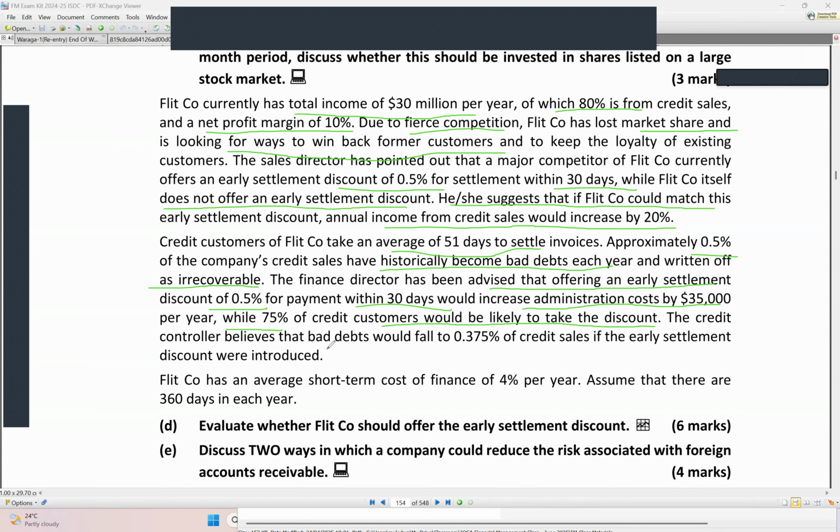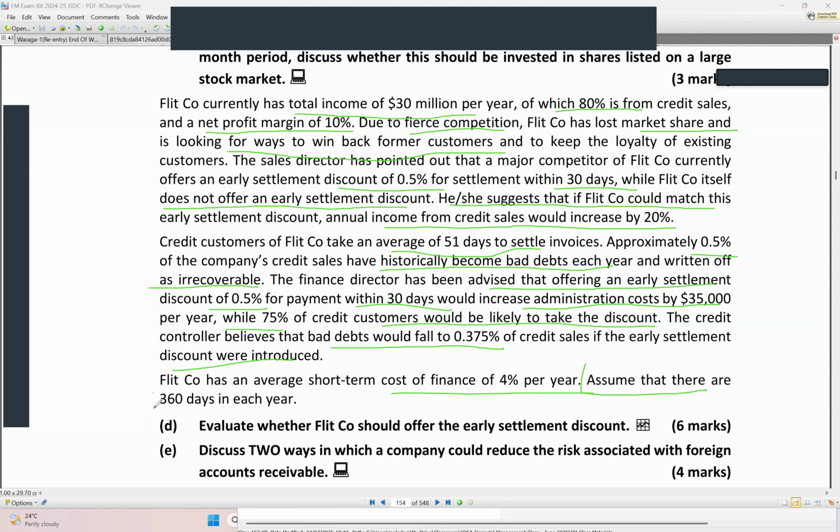The credit controller believes that the bad debts would fall to 0.375% of credit sales if the early settlement discount were introduced. Cost of finance 4%. And here they have told you to assume 360 days.